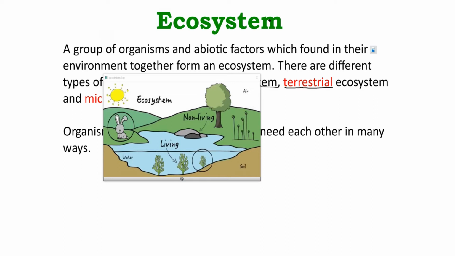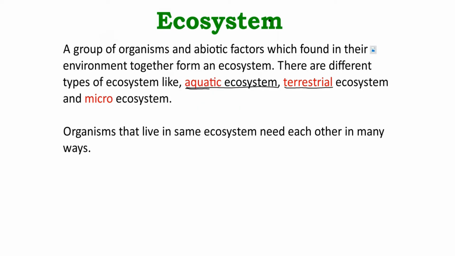This rabbit gives out CO2, which the plant uses in photosynthesis, and the plant gives out oxygen, which this rabbit needs to survive. So the living things in one ecosystem depend on one another, or we can say they need each other in many ways.